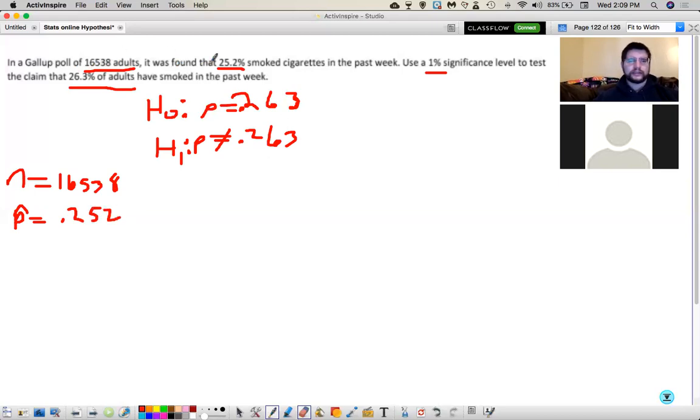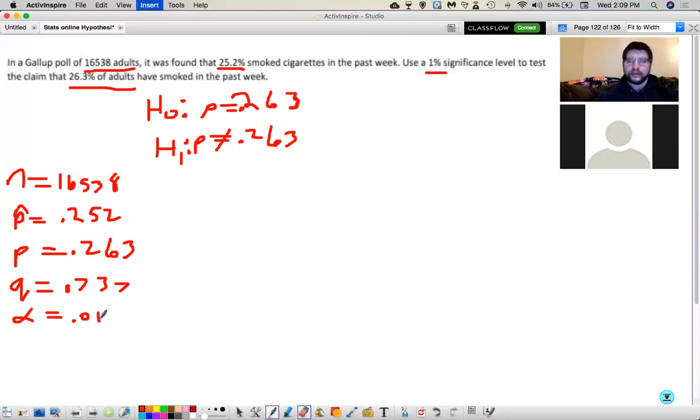This is a survey, that's sample proportion. That's the claim, that's our population proportion. P is 0.263. Do some basic arithmetic. Q is 0.737. Alpha is 0.01, 1%.